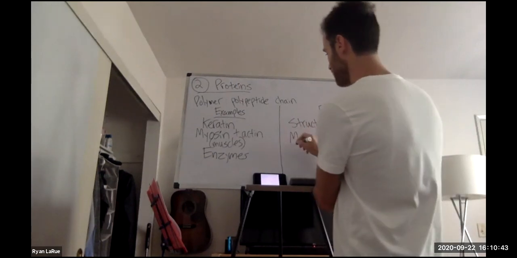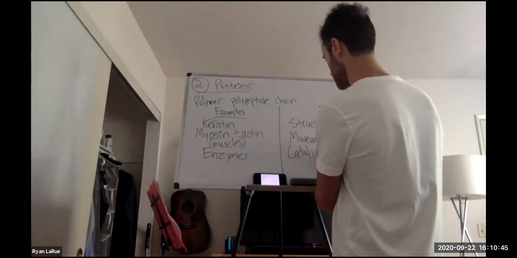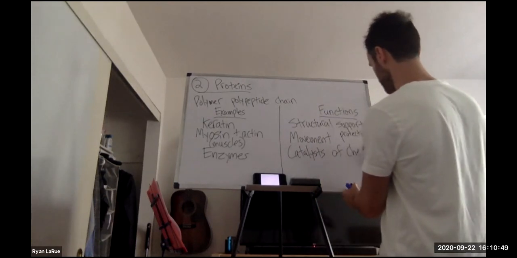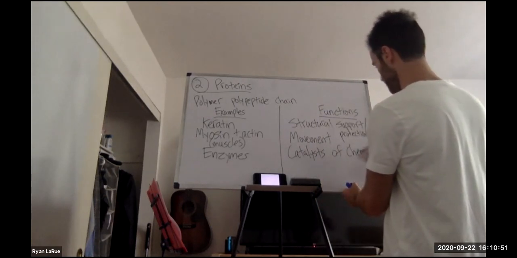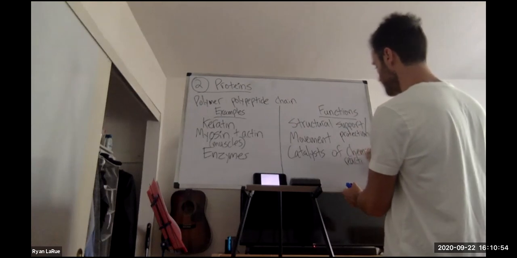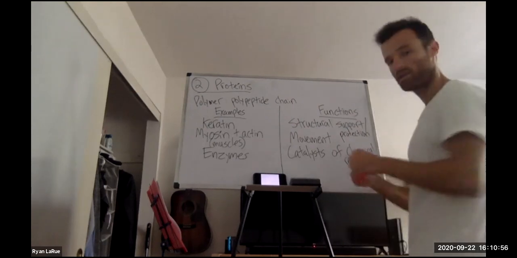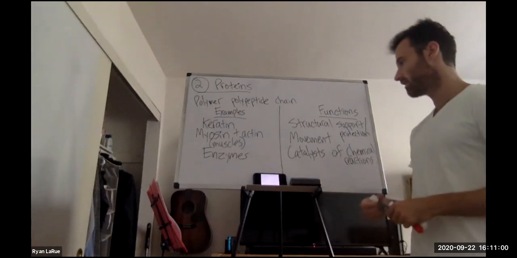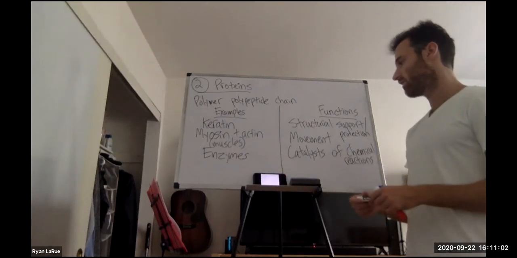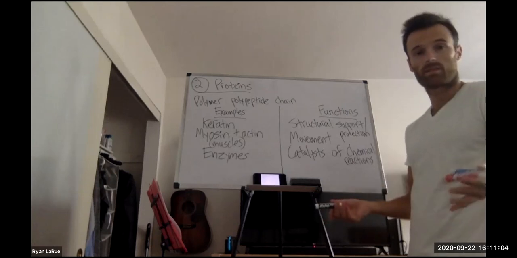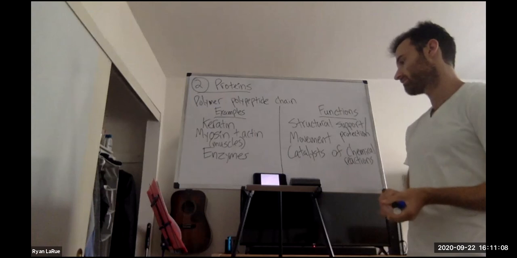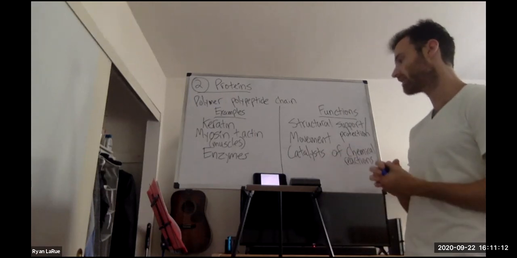So enzymes are catalysts of chemical reactions. So lactase, what we looked at earlier, allowed the breakdown and promoted that reaction to go. Lactase is a protein, it's an enzyme. A lot of important chemical reactions.